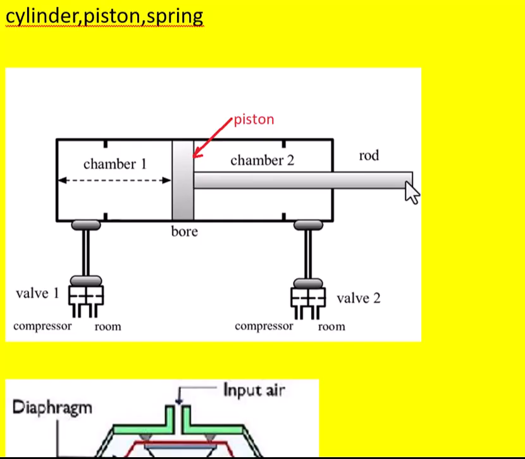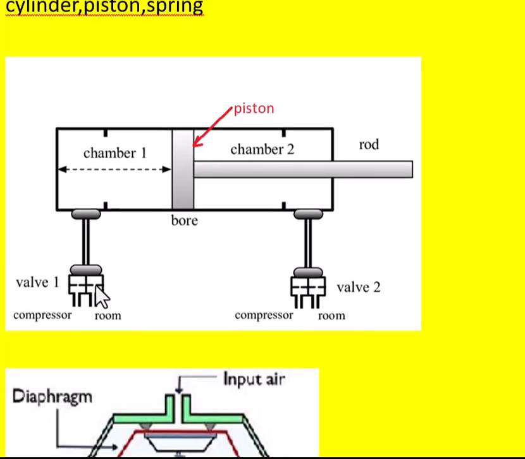If this actuator is actuated by the fluid, then it is called the hydraulic actuator. If this actuator is actuated using the air, then it is called pneumatic actuator. Since this is the pneumatic actuator, we use air here.